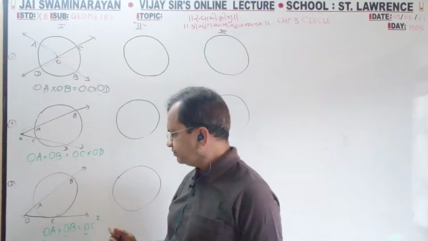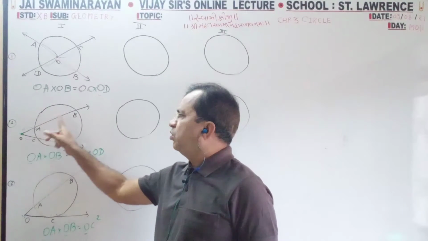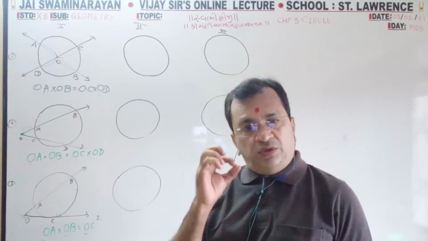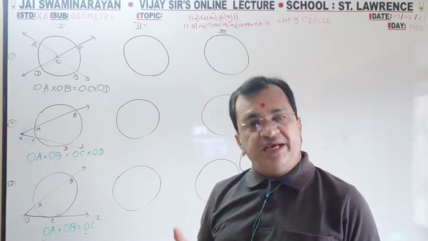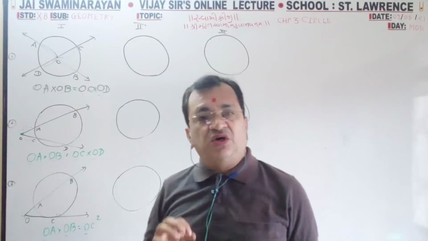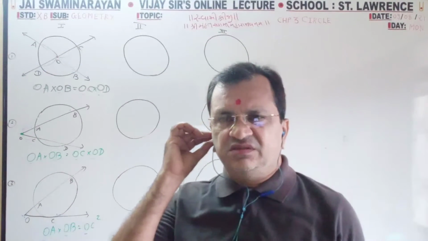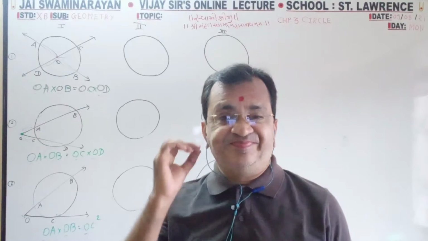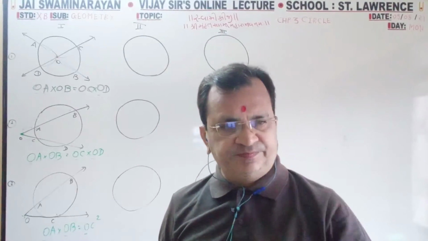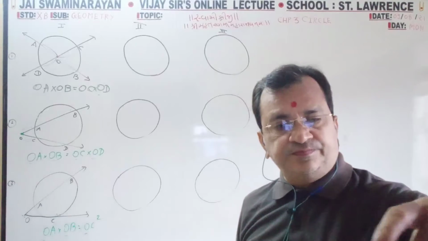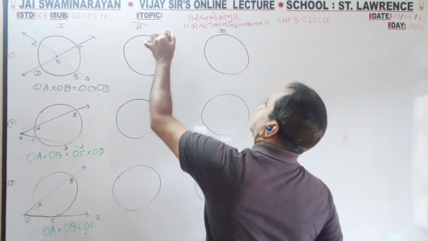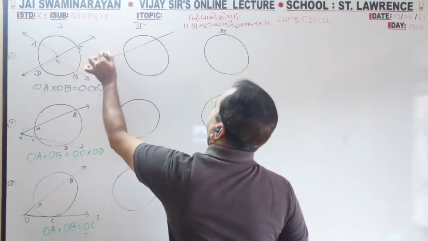Now, suppose AB you want. So OB minus OA, that is AB. Now three formulas on the base of angle. These all three we have done on the base of segments, on the base of sides. Now two lines intersecting outside.